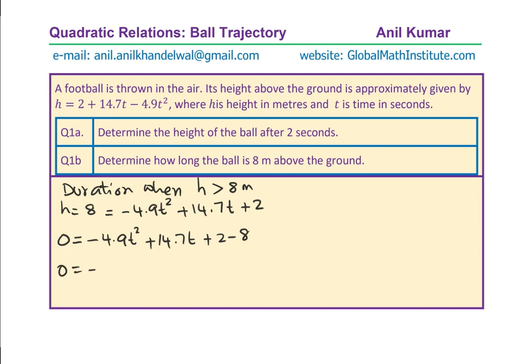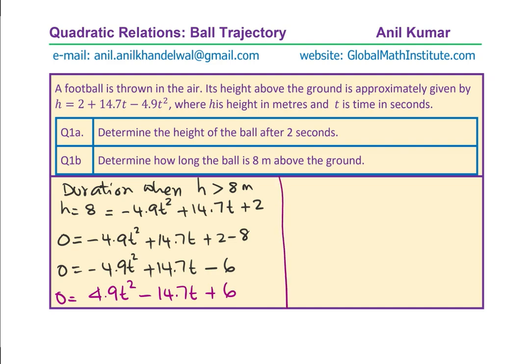So that is 0 equals minus 4.9 t squared plus 14.7 t minus 6. So that becomes your equation to work with. Normally what I do is I make the coefficient of t squared always positive. I can rewrite this equation as 0 equals 4.9 t squared minus 14.7 t plus 6. Since I want to work with more positive values, you get the idea.